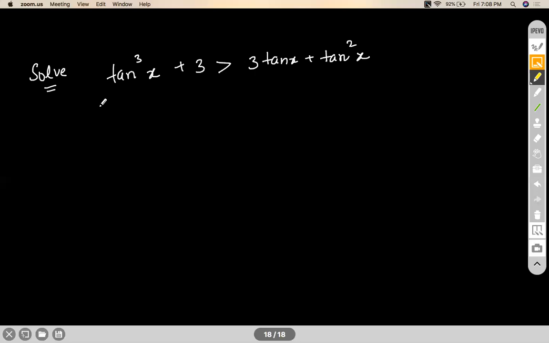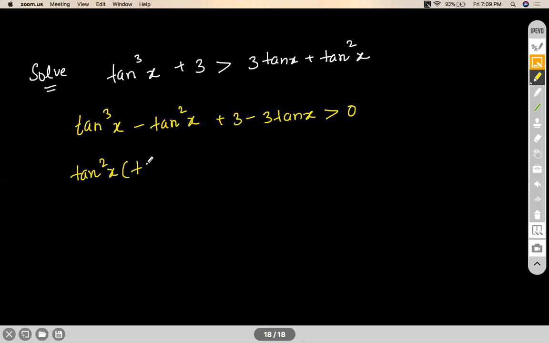This is easy. I think easier as compared to the previous ones. So the first step that you would write is you bring the right hand side terms to the left hand side. Take tan square x common.